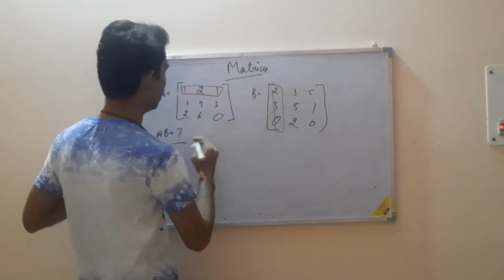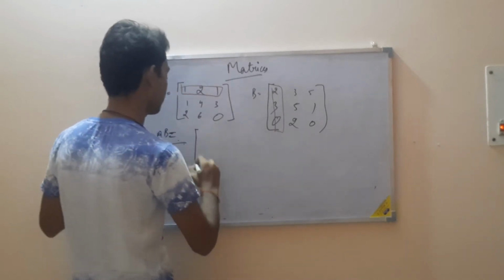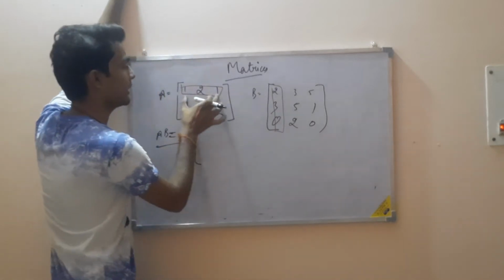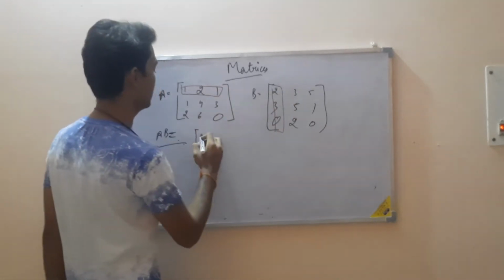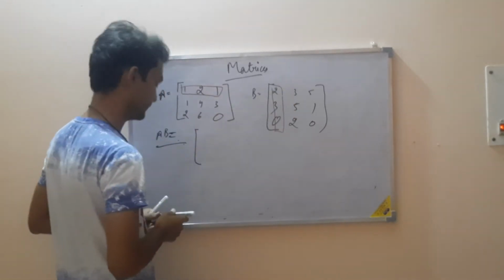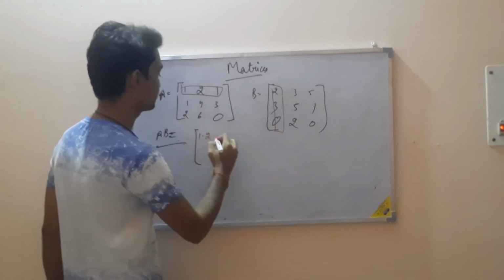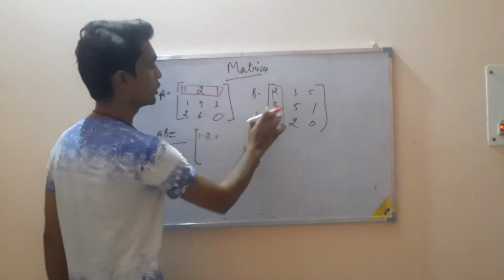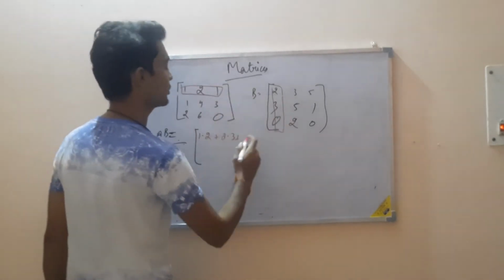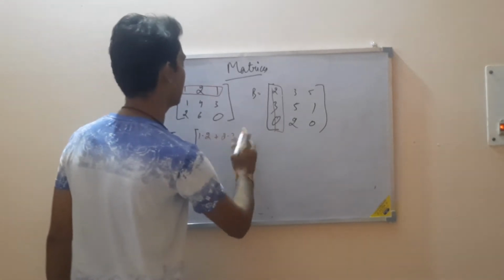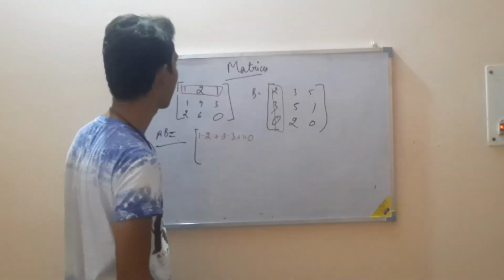So for AB, we will be taking this and multiplying it with this, so it will be 1 into 2 plus 2 into 3 plus 1 into 0.